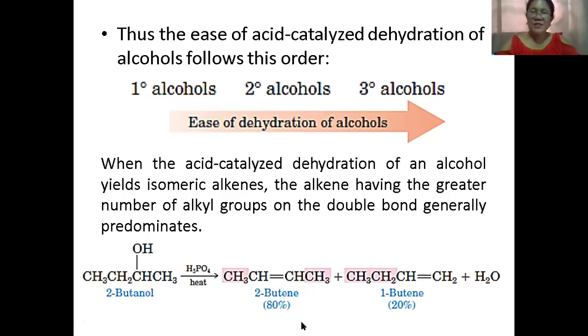So this one which has greater alkyl groups, therefore it is 2-butene, 80%, and the other 20%. Meaning this 2-butene will predominate in the product, according to this rule.